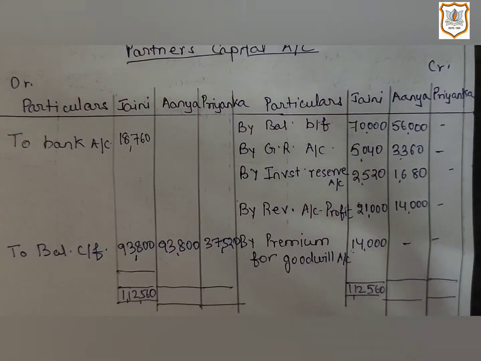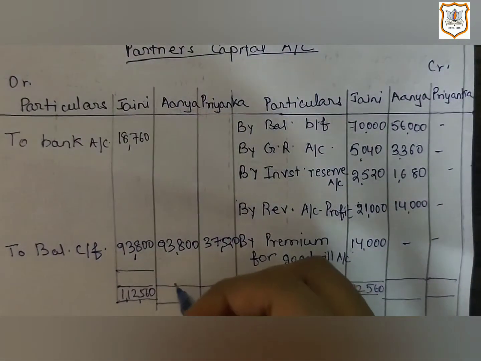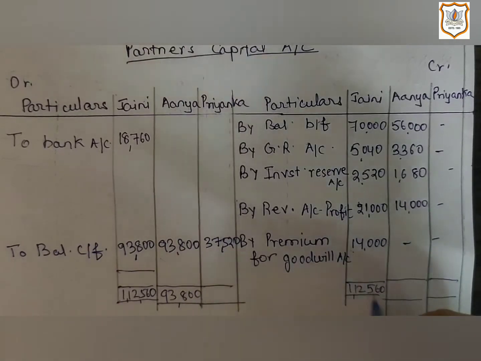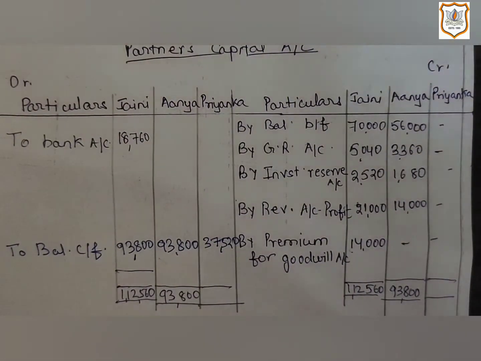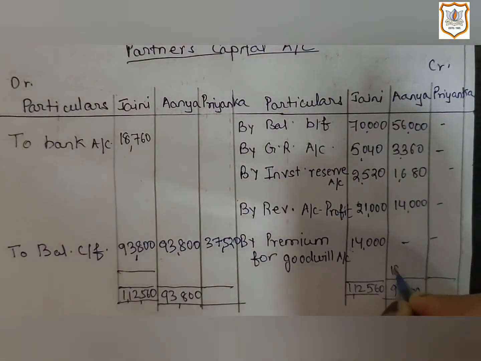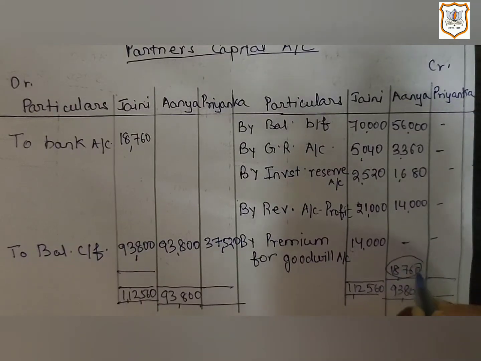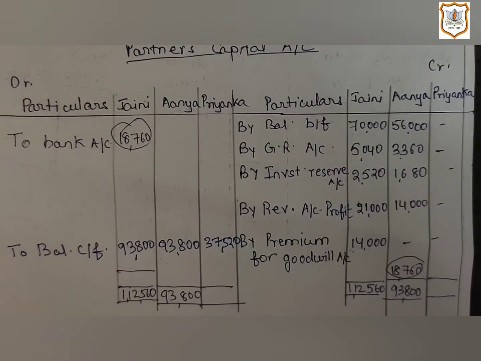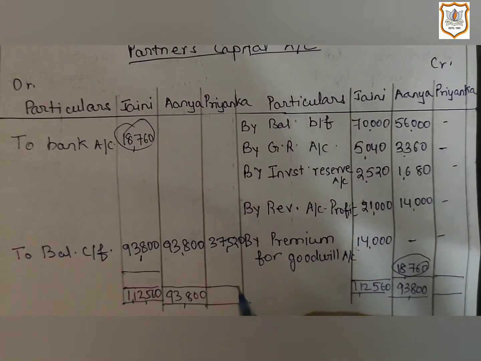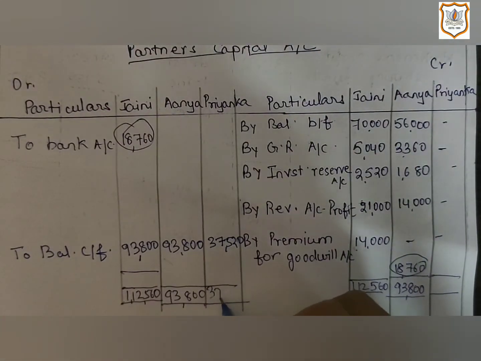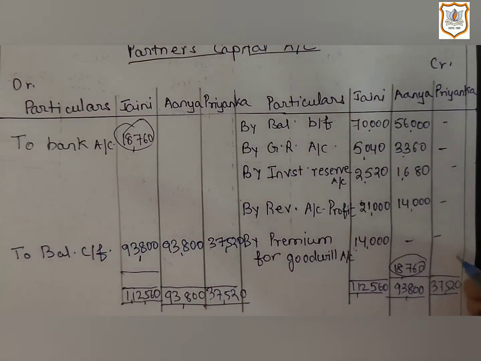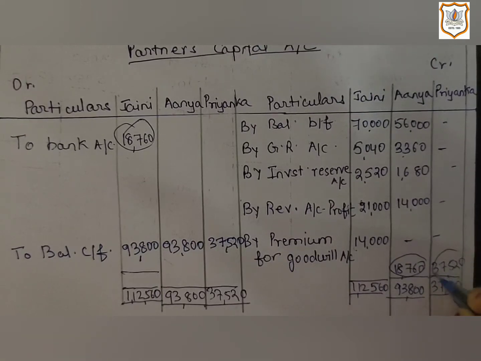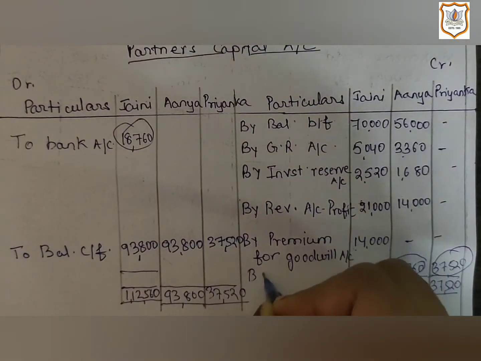Now we will close Anya's capital account. Here the total of the debit side is more, that is 93,800, and here the difference would appear on the credit side, and that is 18,760. Similarly, Priyanka's capital account will be closed. Here also, the total of the debit side is more, which is 37,520, and here also the difference will appear on the credit side, 37,520 by bank account.